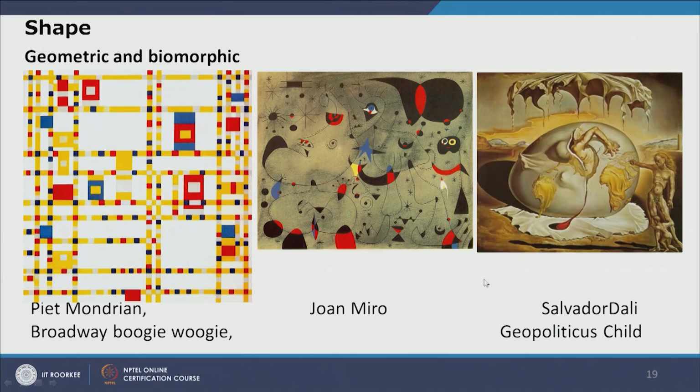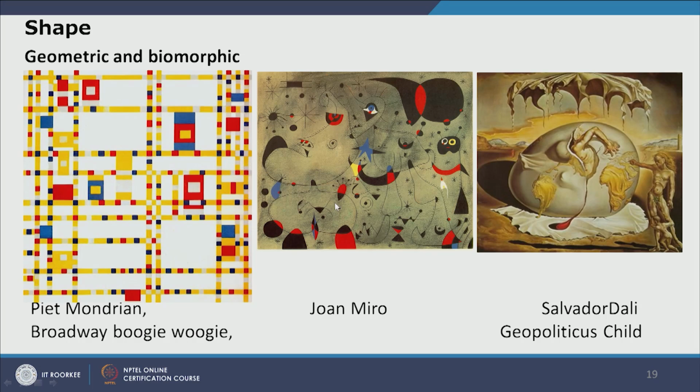And in Salvador Dali's painting he didn't use many geometric shapes. Most of the shapes are biomorphic, which come from natural origin, which is organic in nature. In between we have Joan Miro's abstract composition, where we can see rectangles, lines, as well as circles, which are also geometric shapes but curvilinear geometric shapes.